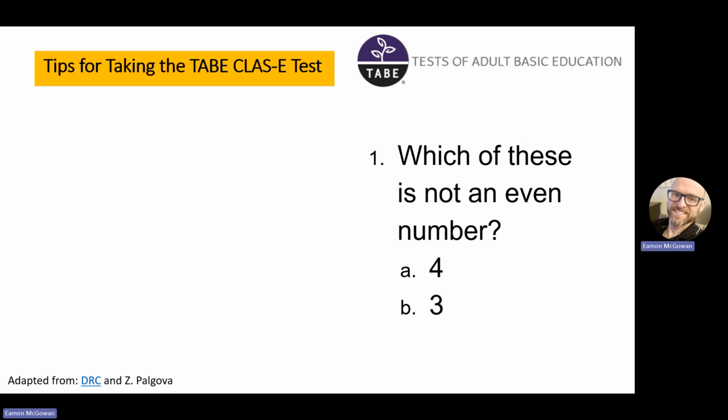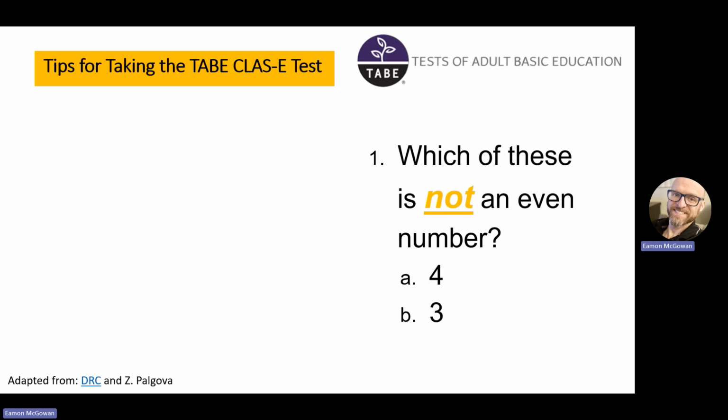This is a question that we use to make sure students know they have to work quickly through the questions, but they've got to read the question carefully. Because if they don't, they might miss an important word. What important word do you think they could miss here? You got it. That word not.